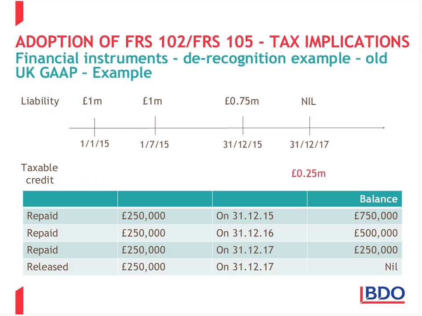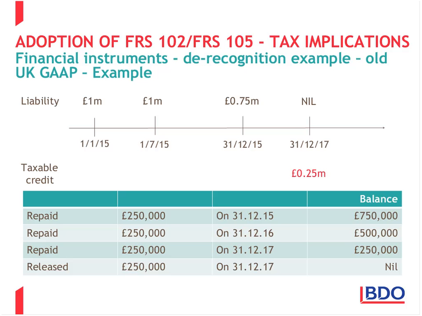At the point that the agreement was reached with the bank, no recognition of the £250,000 potential write-off / reduction would be taken into account, and the customer during the year ended 31st of December 2015 would have made his £250,000 repayment as normal, and the debt would have been carried at £750,000 at the end of the year, i.e. the full amount that is still outstanding to the bank.